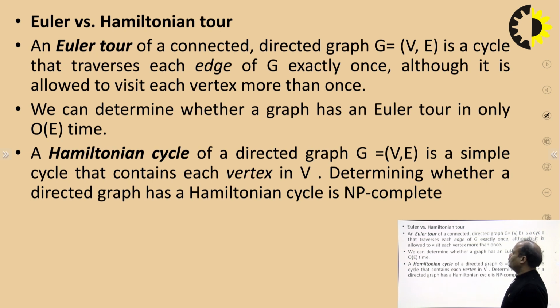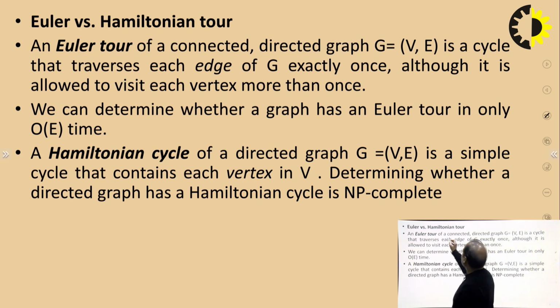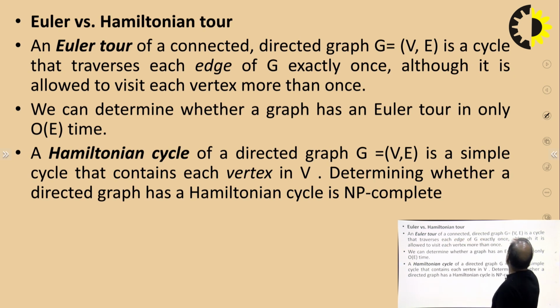An Euler tour of a connected directed graph is a cycle that traverses each edge of G exactly once, although it is allowed to visit each vertex more than once.